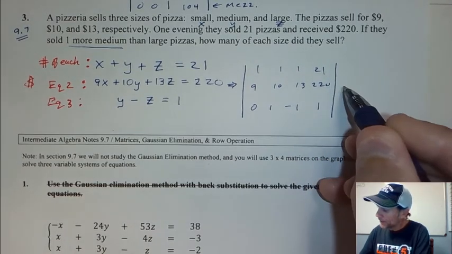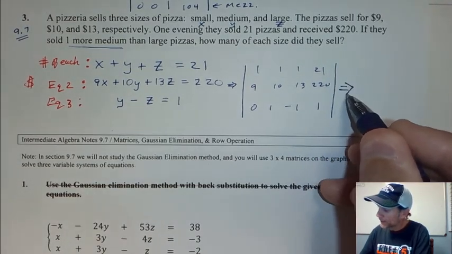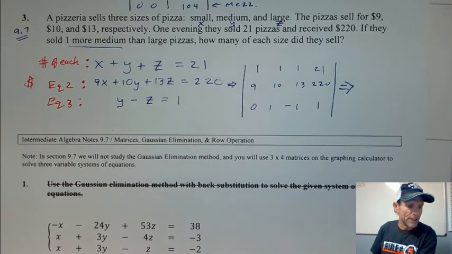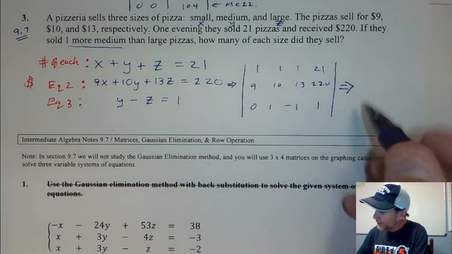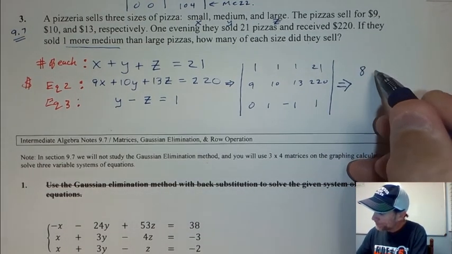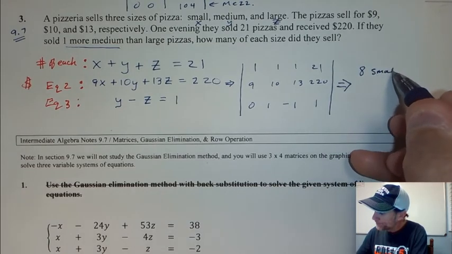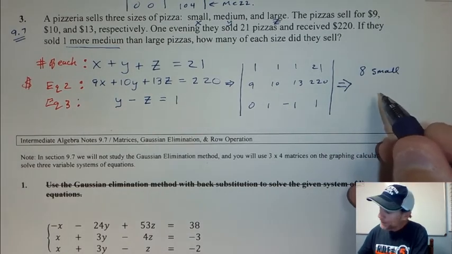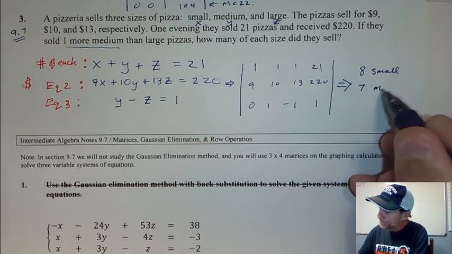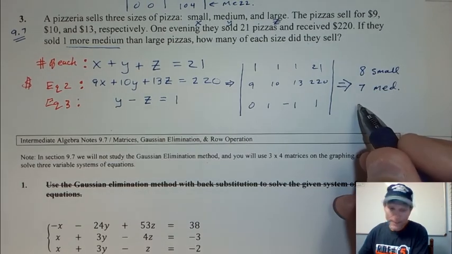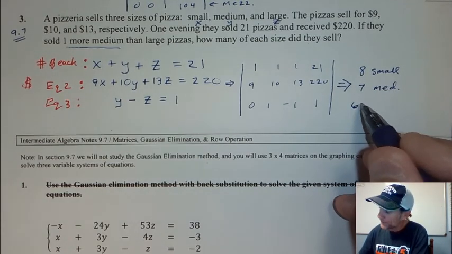Now if you run ref on this, what you're going to find out is that you get 8 small, 7 medium, and 6 large.